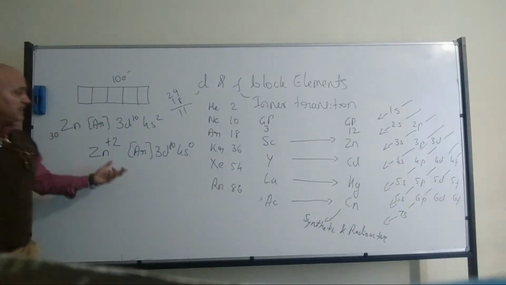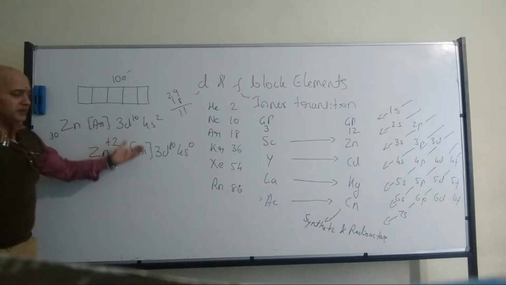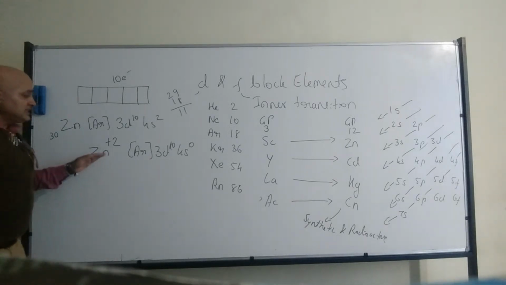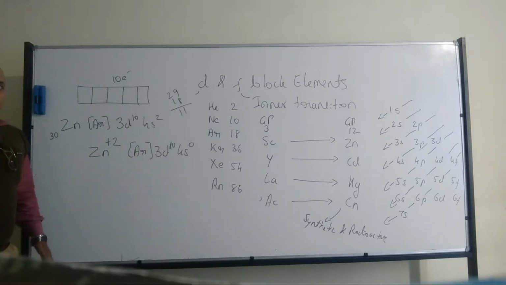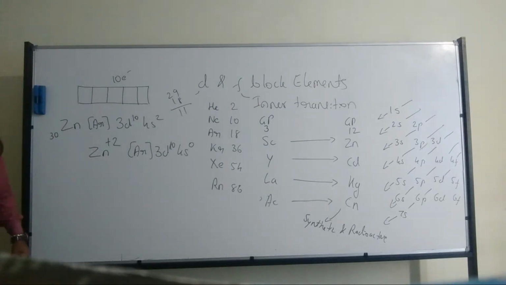So zinc, mercury, cadmium and all are included in the d block, although they have the completely filled d subshell. Why have they included these elements in their respective block? Because of the similarity in their properties.